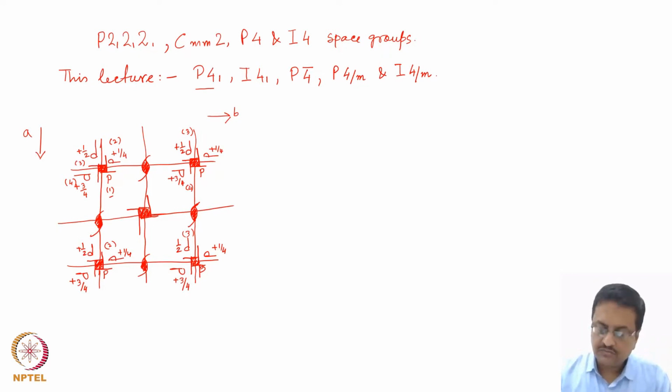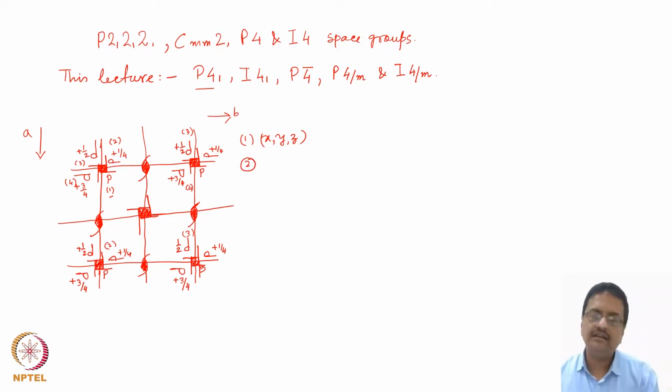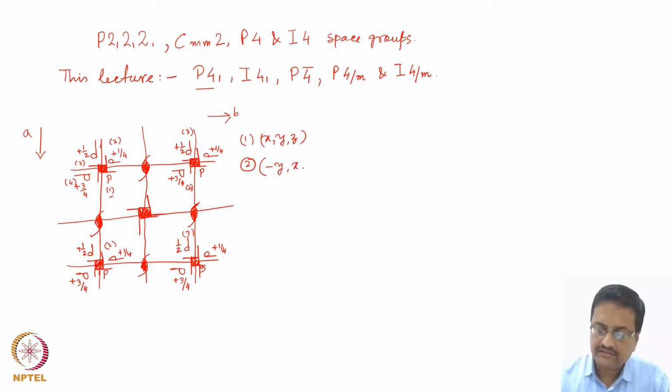So what are the corresponding equivalent points? Point number 1 is of course x, y, z. Point number 2 is a 90-degree rotated object with 1/4 translation along z, so this point will be minus y, x, z plus 1/4.